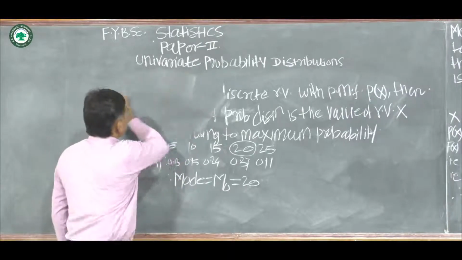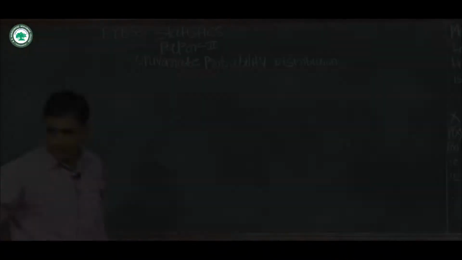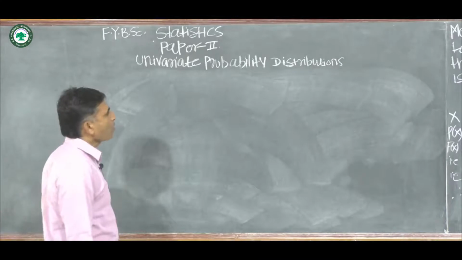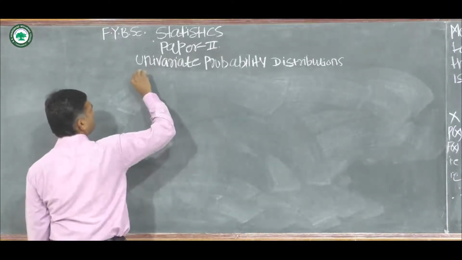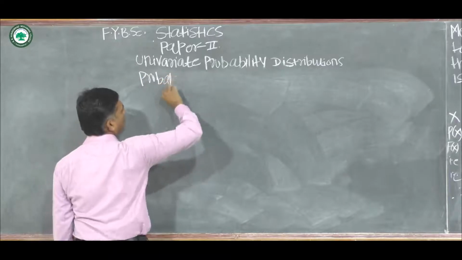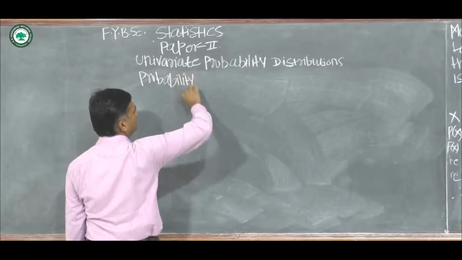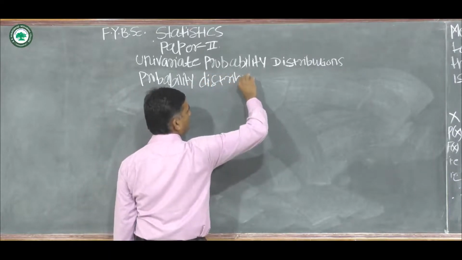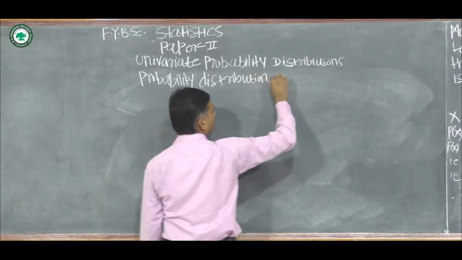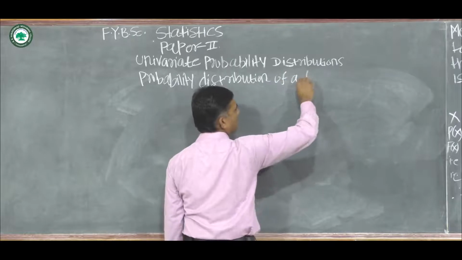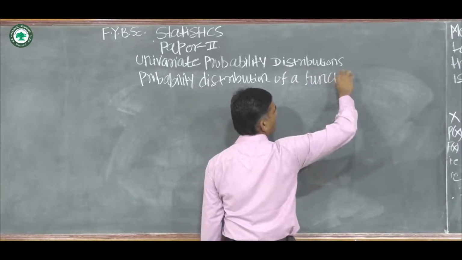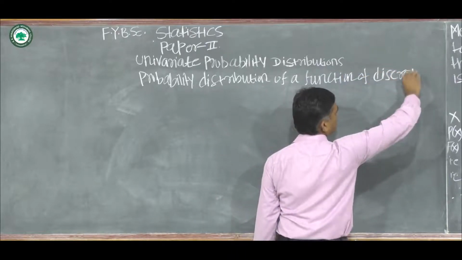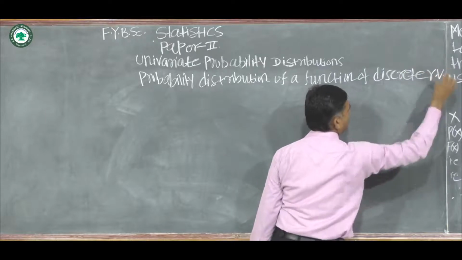Then the next one is the probability distribution of a function of a discrete random variable.